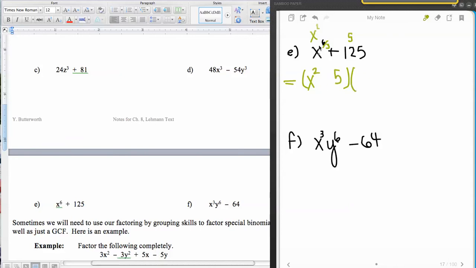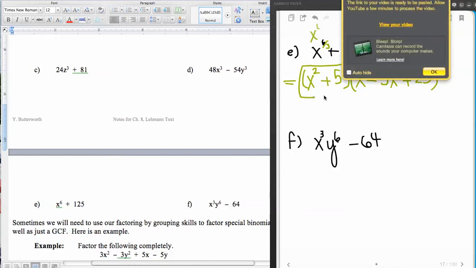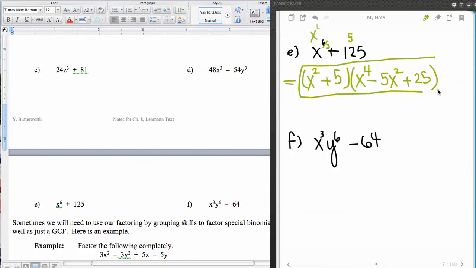And then we're going to square the first term. x squared squared, 2 times 2, power rule, right, is x to the 4th. Then the product of those, 5x squared, and then always a plus in the last one, 5 squared, which is 25. Then the signs come in, plus here, and then opposite over here. And that's it. That's our answer, and we're done.